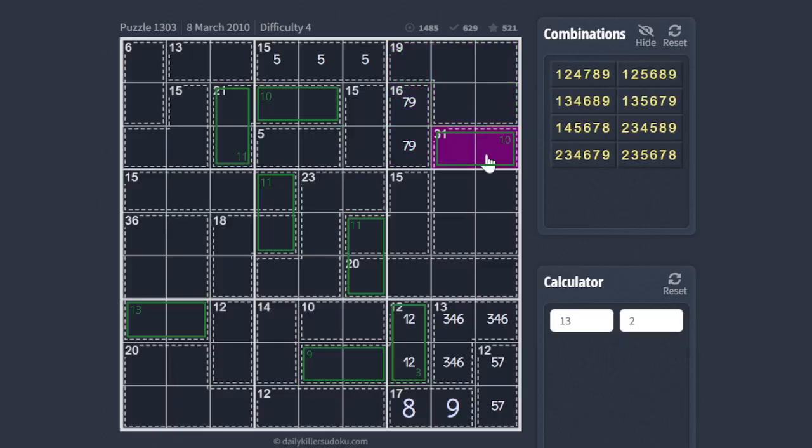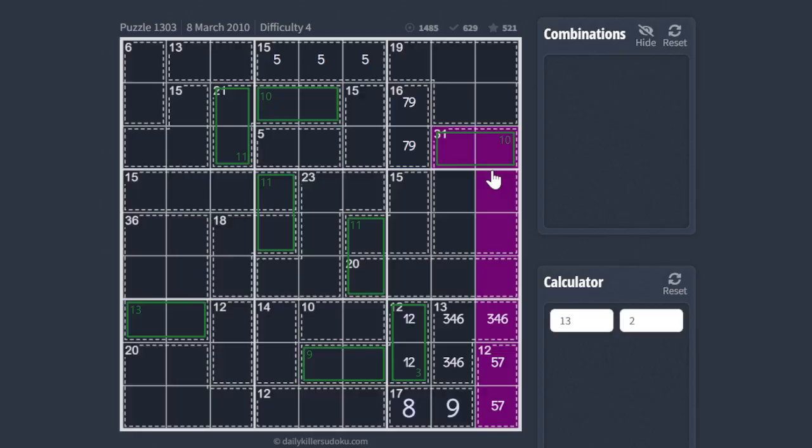We learned from our rule of 45 exercise that this is a 10, and we know there cannot be a 5 in a 10 cage. So these cannot be a 5. This column here already has a 5, and this row already has a 5. We know there's no 5 in the 7-9 pair, so this must be a 5.